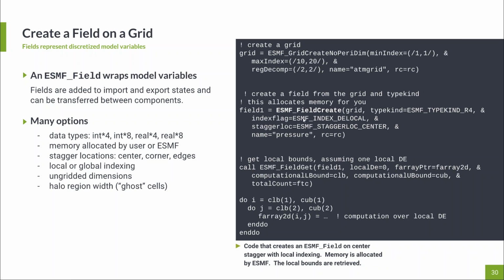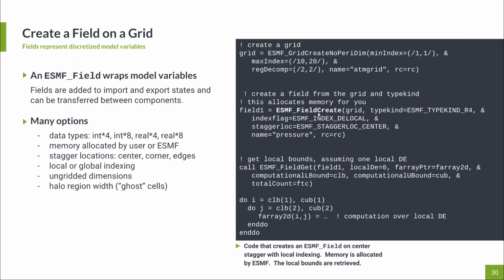Some of the other options are whether you want the indexing to be local to the DE and always start over at 1, 1, 1 in the lower corner, or whether you want the indices to be global. The stagger location is also something that you can set depending on where in the cell the field data actually lives. You could set it at the center, in the corner, or on one of the edges.